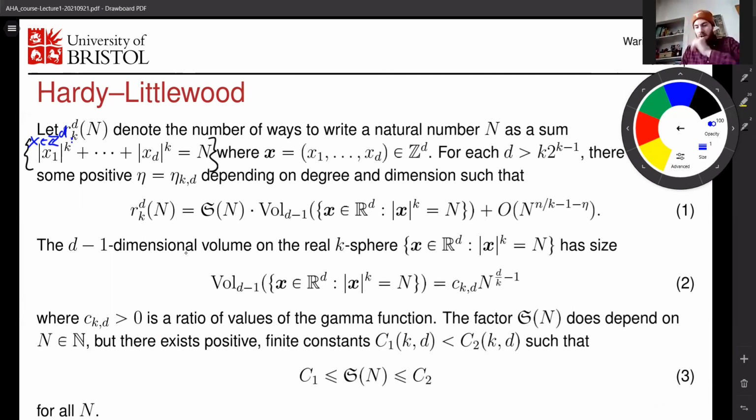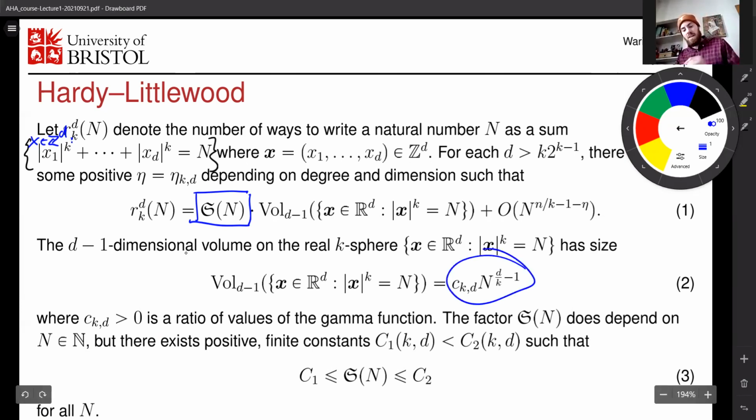And now the Hardy-Littlewood theorem says that when my dimension is big enough in terms of the degree, so it turns out to be something exponential in the degree, then you can write this representation number as some factor that depends on n, and I'll get back to what that means in a moment, times a d minus 1 dimensional volume of the real hypersurface. This d minus 1 dimensional volume grows like this.